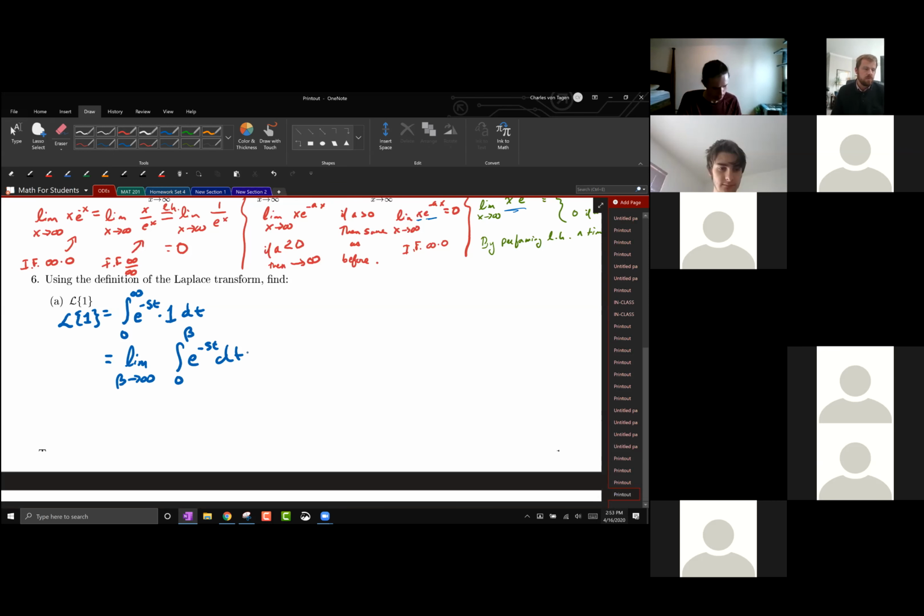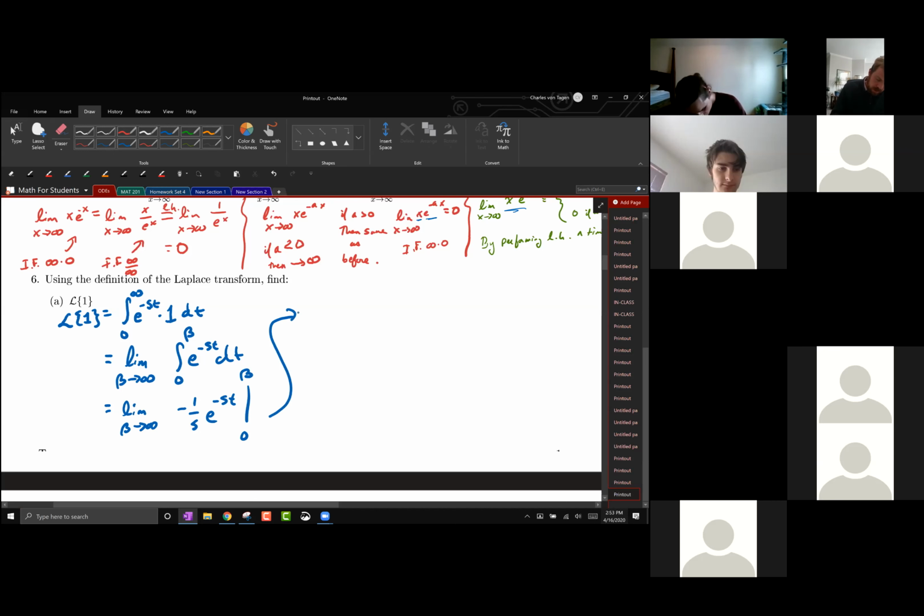We have to first evaluate the integral with a definite value, beta, and then take the limit as beta goes to infinity. So we can evaluate this integral. We're left with the limit as beta approaches infinity of minus 1 over s e to the minus st evaluated from 0 to beta.